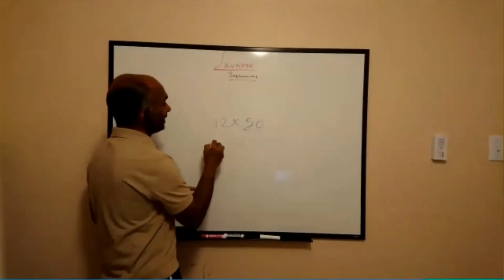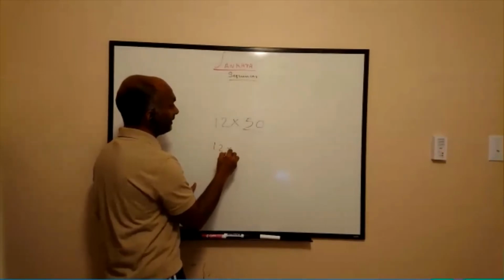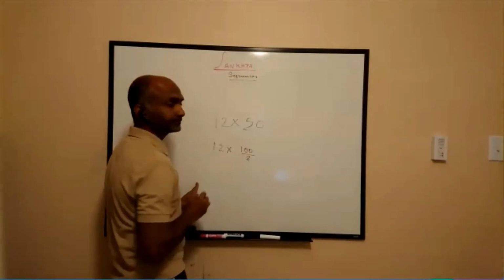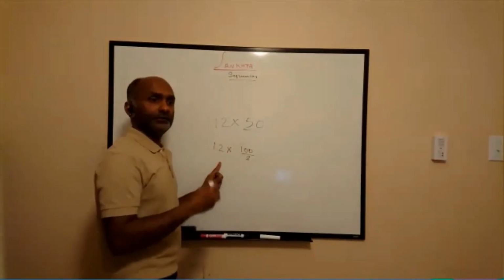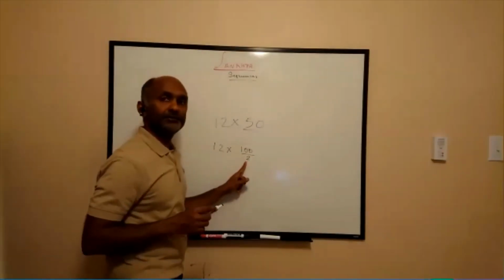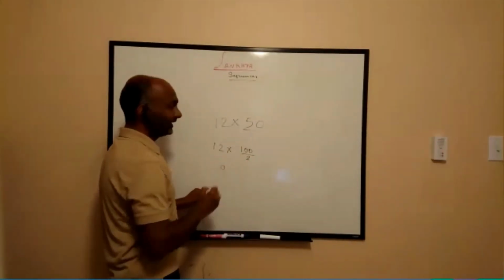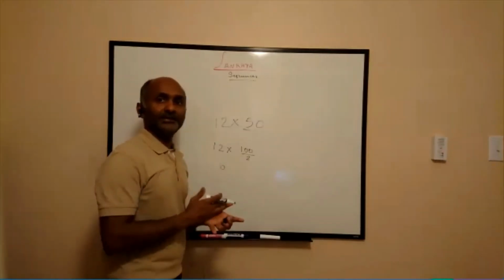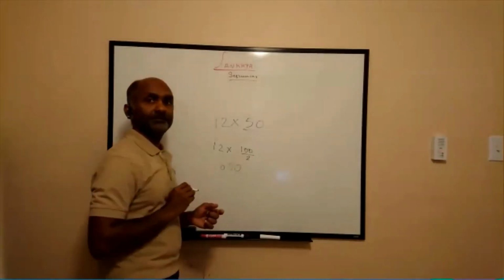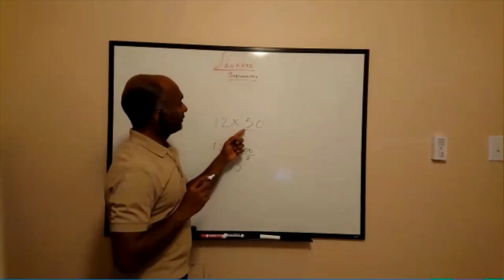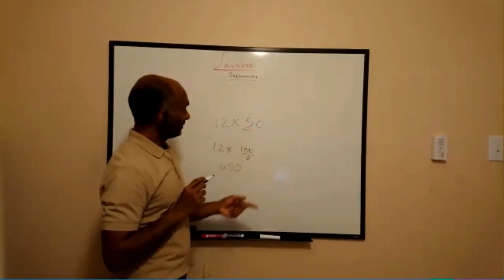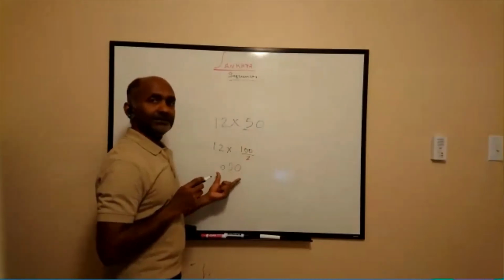What I meant is, if you have 12 times 50, 50 is 100 by 2. And like I said before, you divide first, do not multiply. So 12 divided by 2 is 6. And then we all know that when we multiply 6 with 100, it's just putting 2 zeros. So 12 times 50, you can do in the regular way, or this.